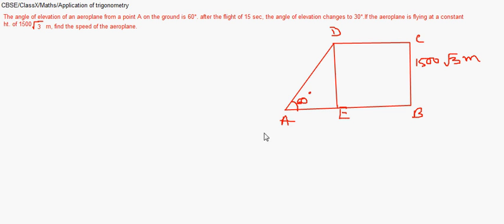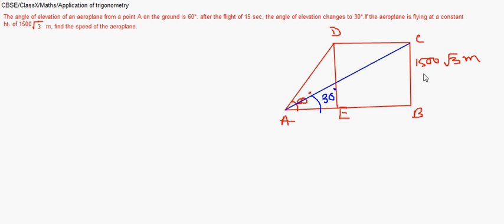I'll be using another color to make it separate. And this angle is now changed to a 30 degree angle of elevation. Now it says CD is at a constant height of this.